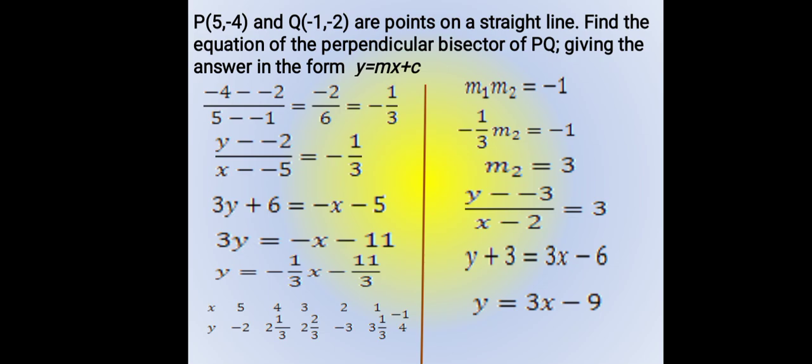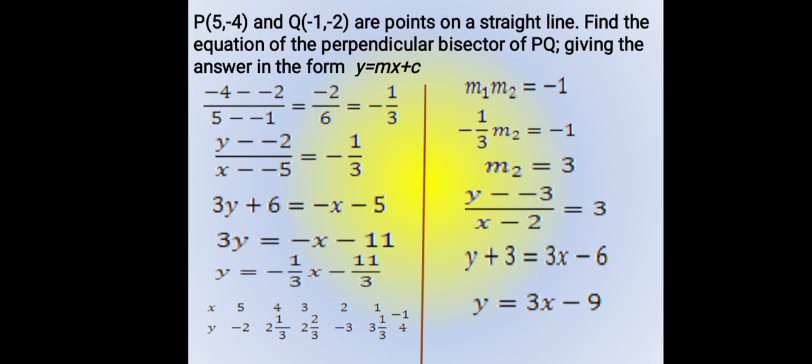P (5, -4) and Q (-1, -2) are points on a straight line. Find the equation of the perpendicular bisector to PQ, giving the answer in the form y is equal to mx plus c.